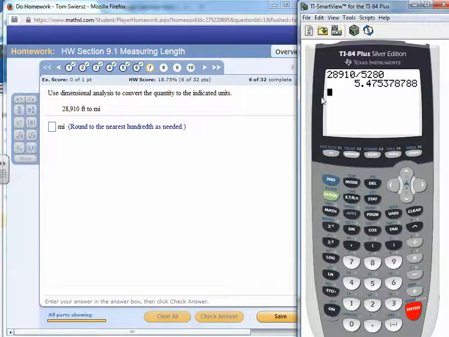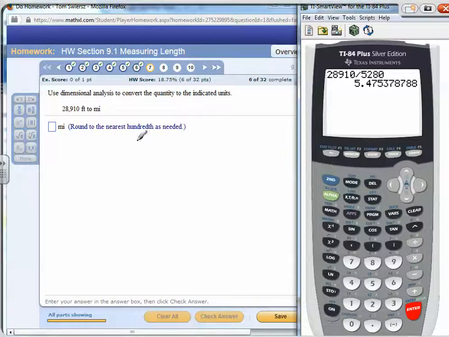So rounded to the nearest hundredth, 5.475, we'd round off to 5.48, right? Nearest hundredth is 2 decimals, right? So we have, again, 5.475. There's a 5 there, so we would make the 7 an 8. So to the nearest hundredth, 2 decimals would be 5.48.